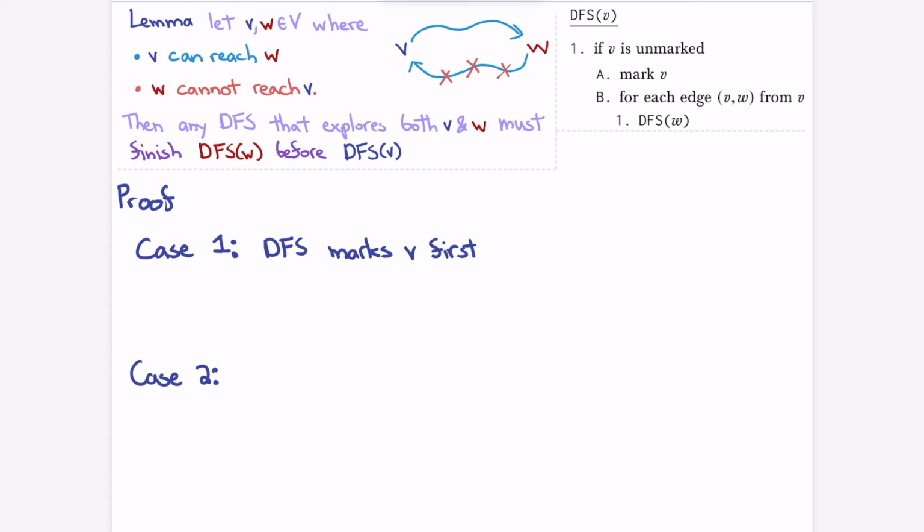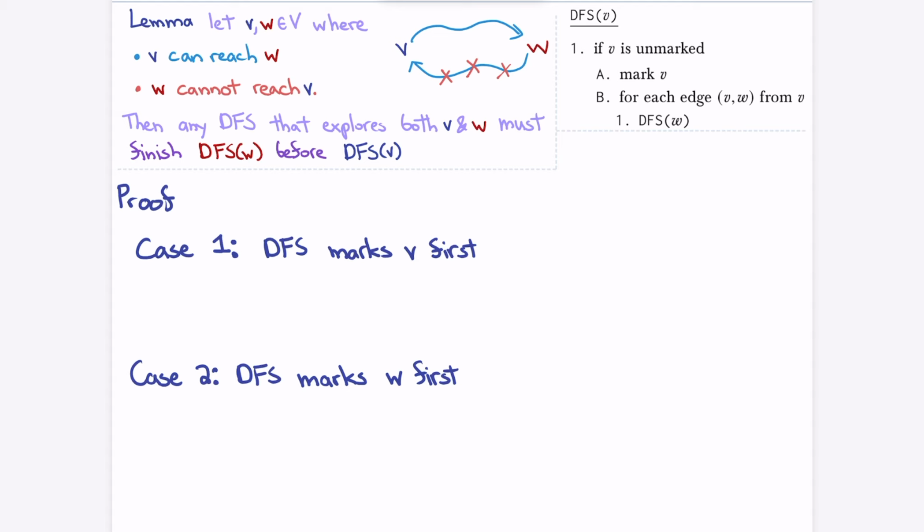It's possible that yours would also go through, and I just wasn't prepared for it. But one way or another, the algorithm is going to visit V first or W first. That's very unambiguous and very clean. So we can just analyze these two cases. Let's say that DFS marks V first.